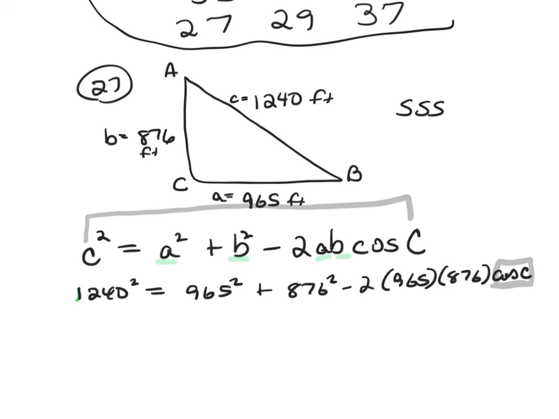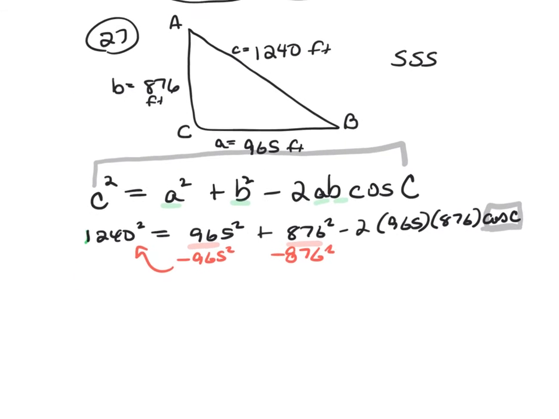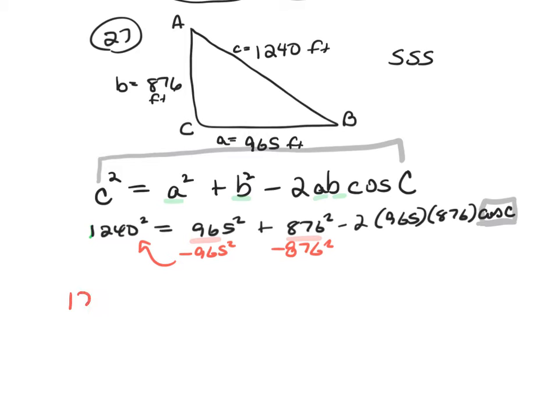What you could do is subtract this and set it up like this, show that it's 965 squared and minus the 876 squared, and you're going to move both of those over to here. Does that make sense? All right, so really what we've got now is 1,240 squared minus 965 squared minus 876 squared equals, so now these are away from here.